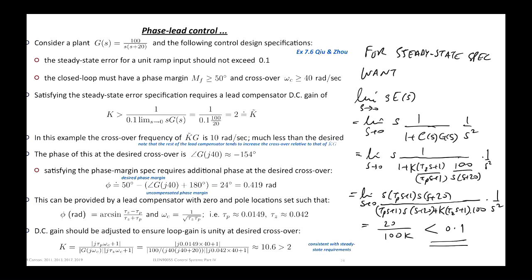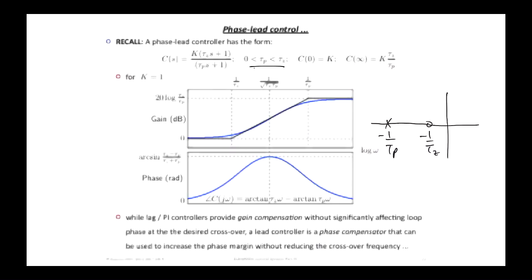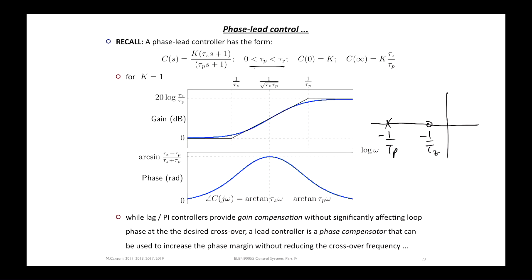So we're actually going to have to use more gain than the minimum required to meet our steady state specification, right? If we were to just use a constant gain controller or even a lead compensator, by increasing the gain, we're going to push the crossover frequency to the right.